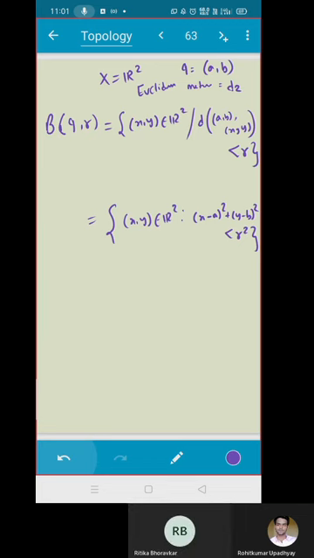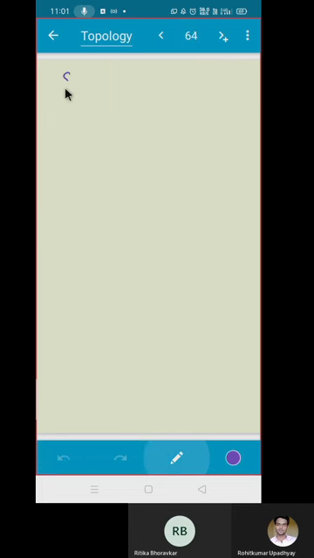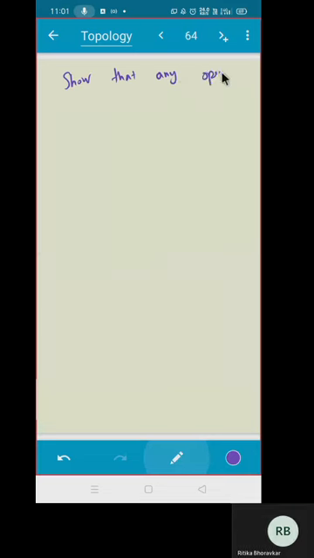Now let us see one question. Can you show that any open interval in R is an open ball?